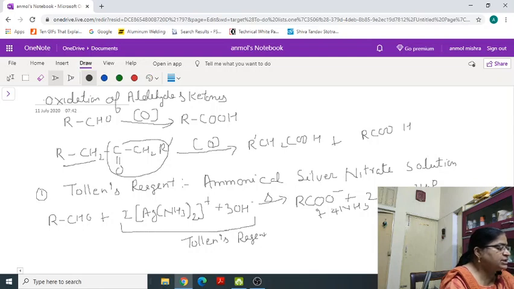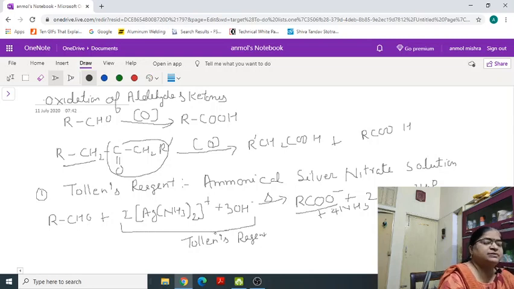So the aldehydes are oxidized to carboxylate ions. The aldehydes give this reaction in alkaline medium.